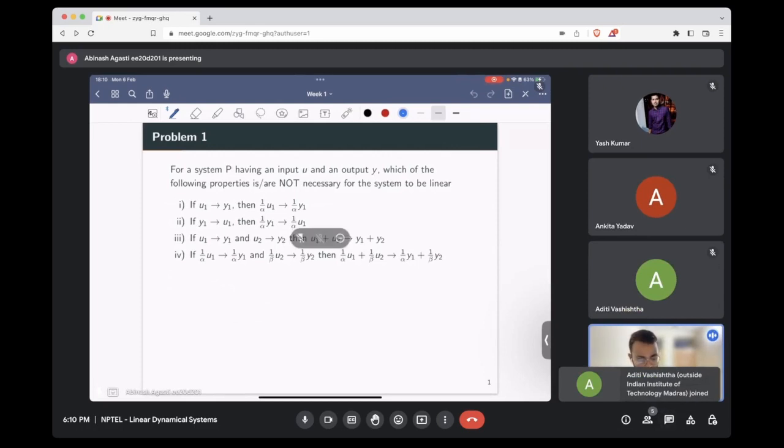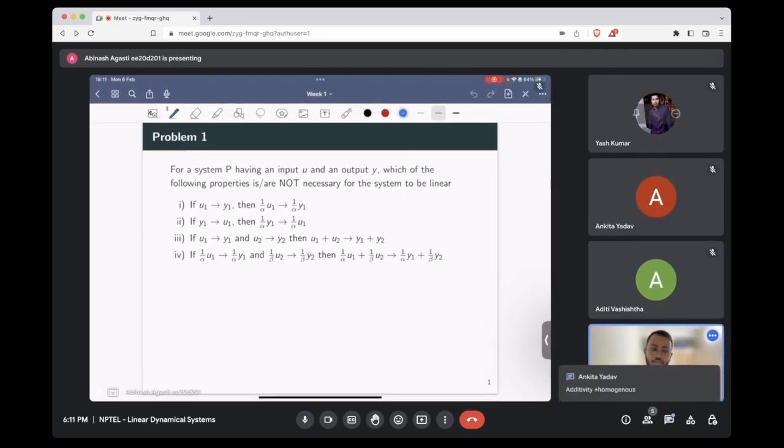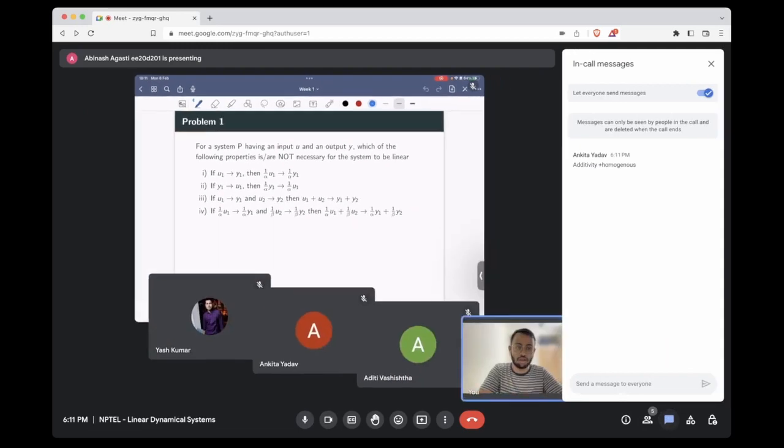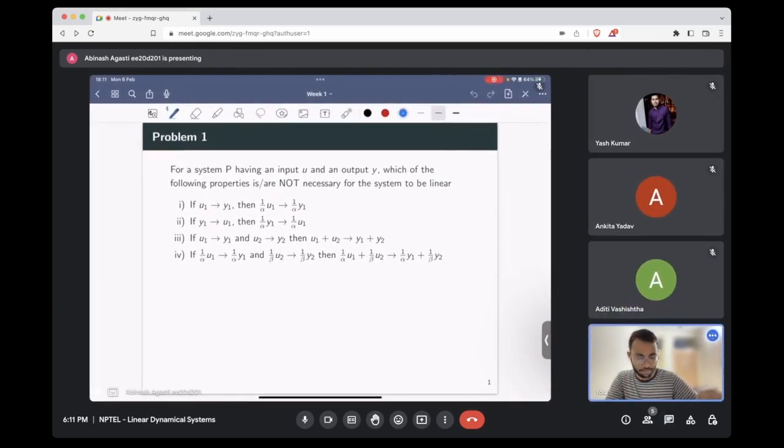I was asking you to type in the chat box you have in the bottom right. What are the two properties necessary for a system to be linear? What is the definition of a linear system? Yes, Ankita has given the right answer. So, linear system.